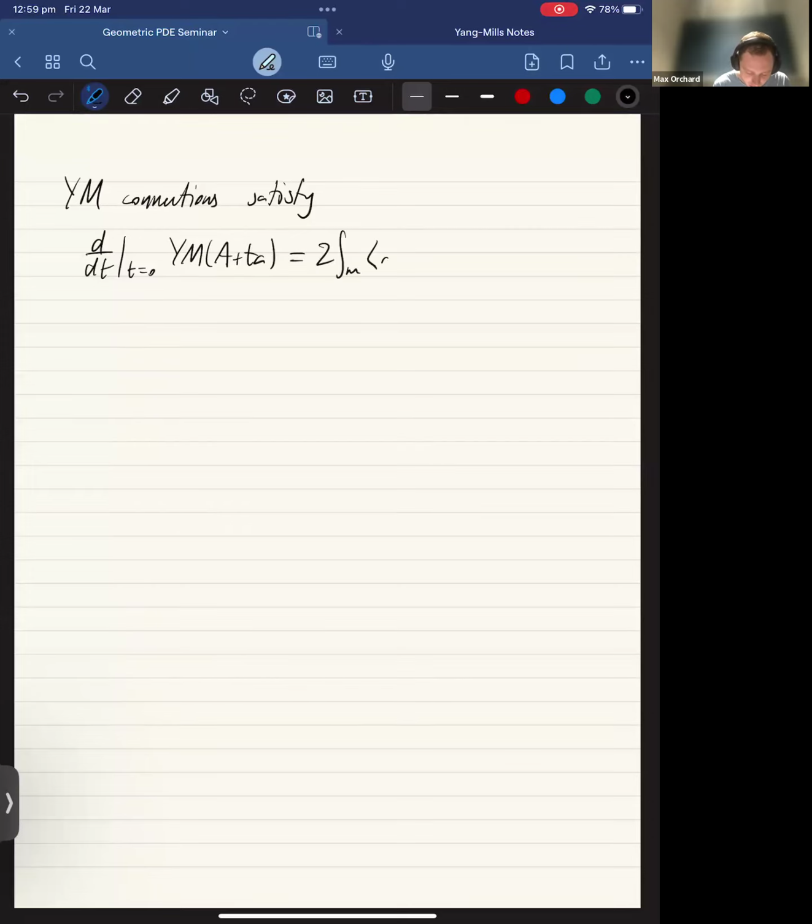So Yang-Mills connections satisfy this derivative of YM(A plus ta), which is equal to this. Oh, that should be an a. d vol G is equal to 0 for every a.